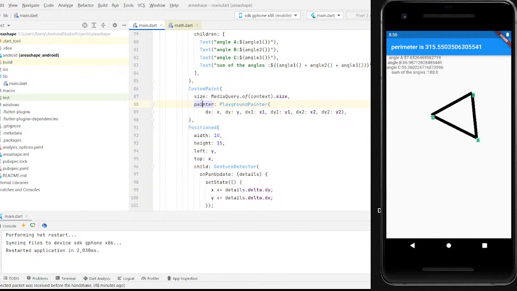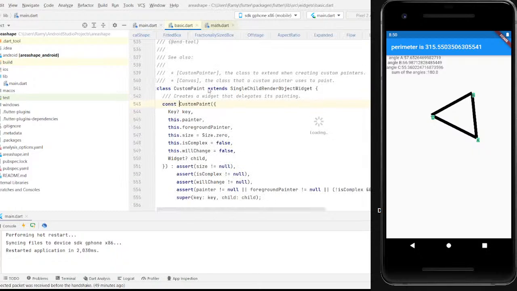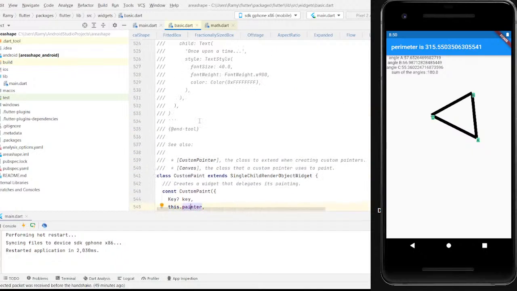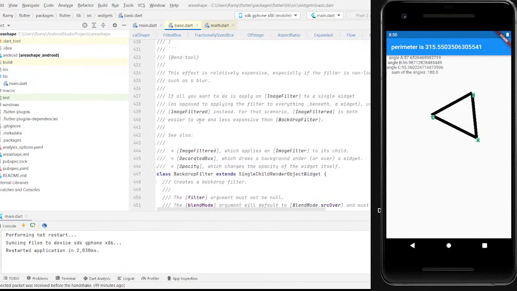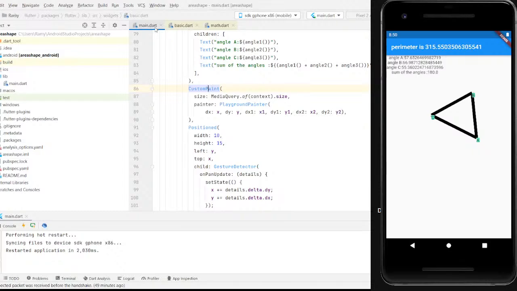And here in the painter attribute of the custom paint, we have used the playground painter. Painter is an attribute of custom paint, which is a type of custom painter.